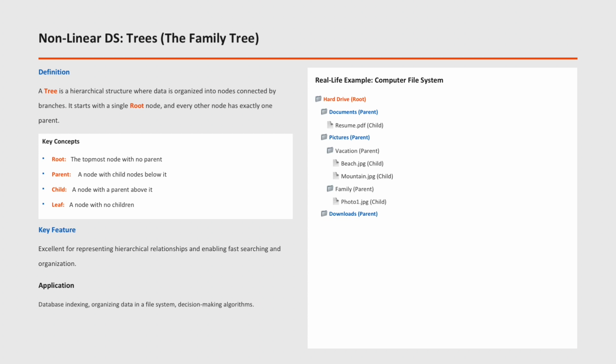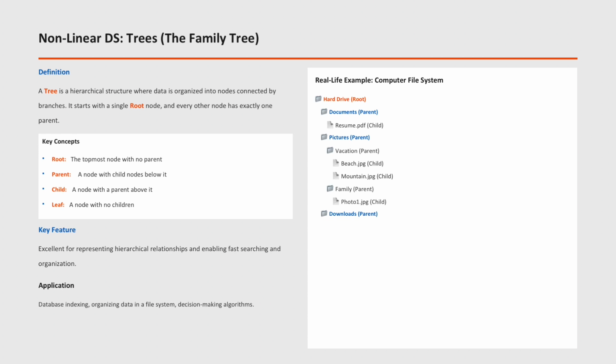Then you have folders like documents or photos. Those are parent nodes. And inside those folders are your actual files, which are the leaf nodes. That whole structure is a tree. It's how you can logically drill down to find anything. It's also fundamental to how a web browser understands a web page. The entire page is organized as a tree structure called the DOM, which lets it render everything logically.